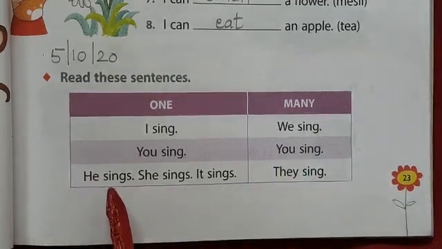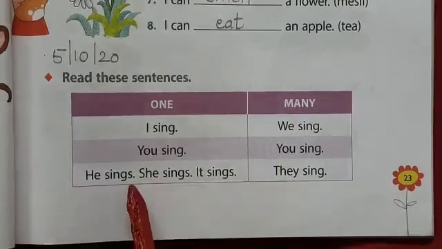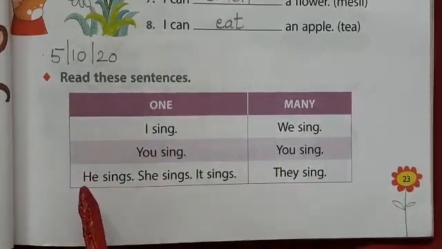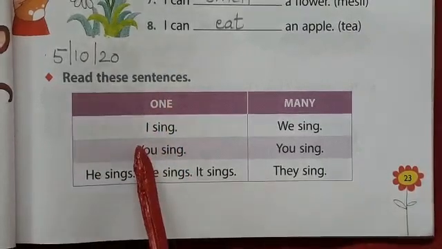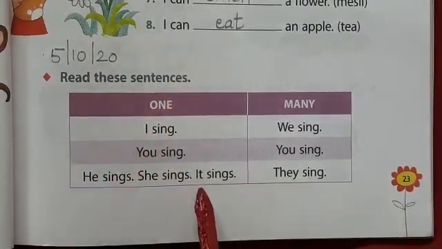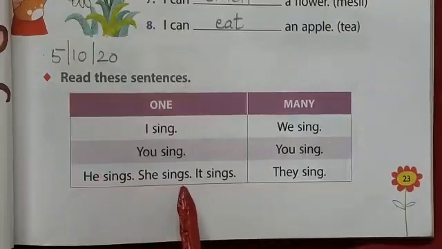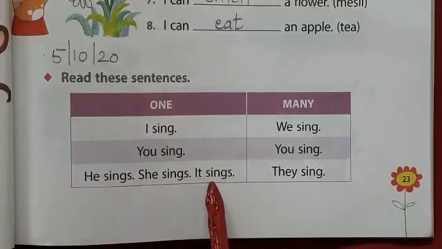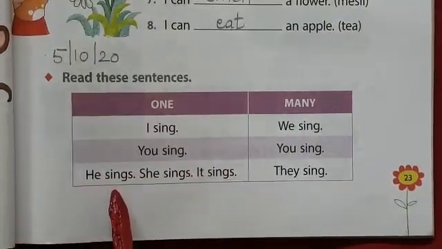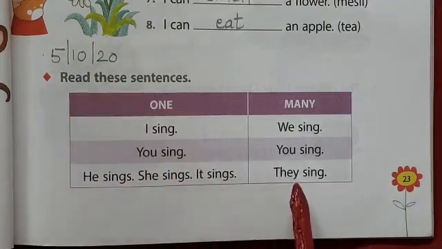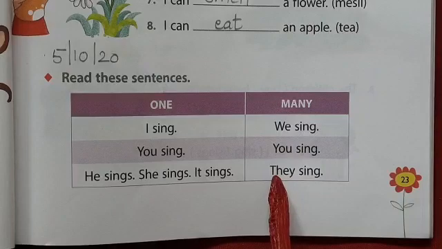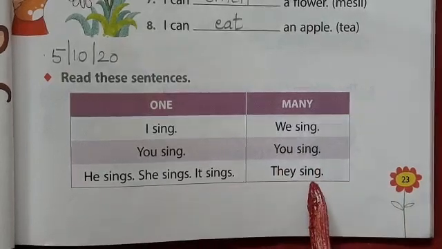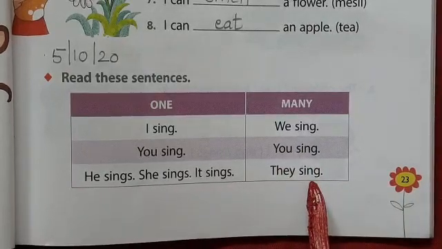So check the difference when we use S: when we are talking about he, she or it, that is only one person, one place, one thing, we generally use the S form of the verb. And when we are talking about many, we use the form without S of the verb, that is the doing word.